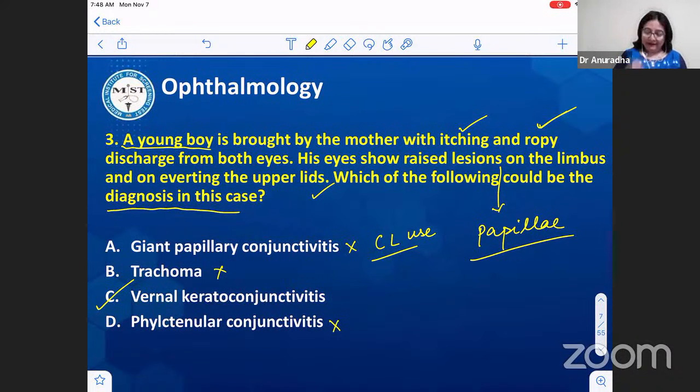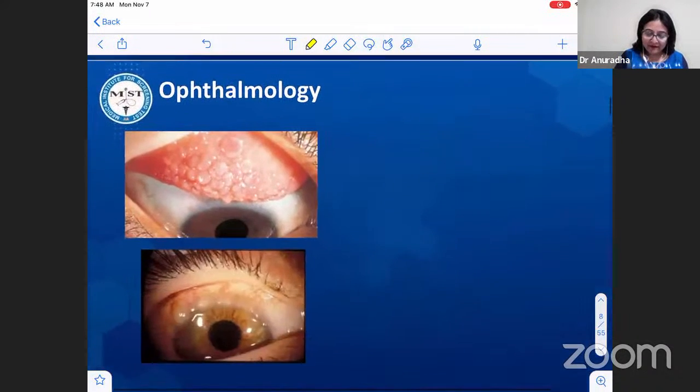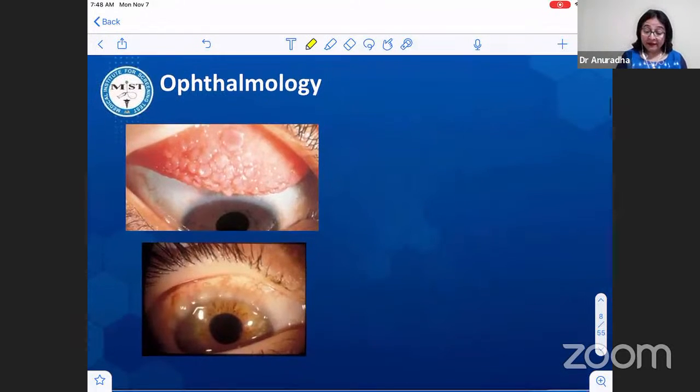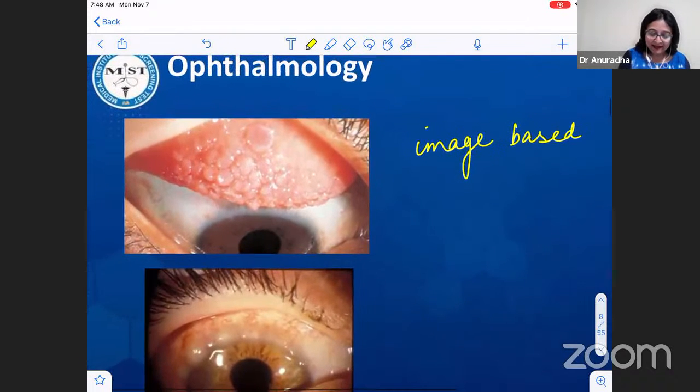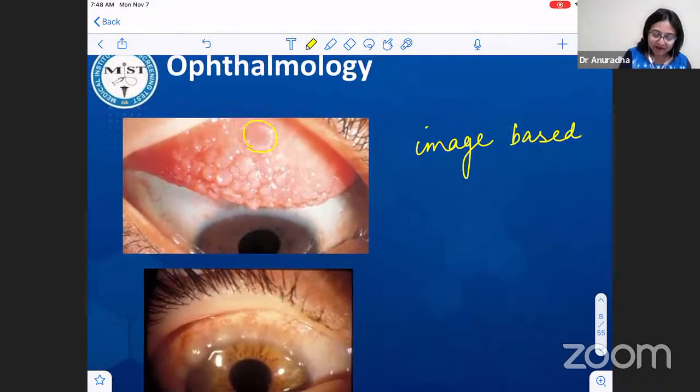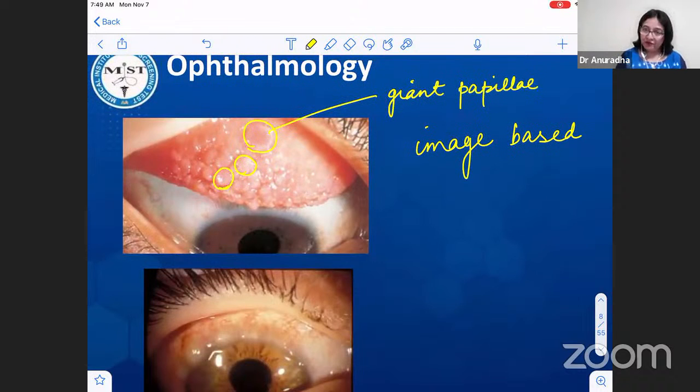Okay. Additional points about VKC, they can show you the image also. So this can come as an image-based question. I'm sure you all are familiar, we have done many times how the giant papillae look. These are flat-topped raised lesions, which when big in size are known as giant papillae. And they give, as I told you, a cobblestone appearance to the tarsal conjunctiva.